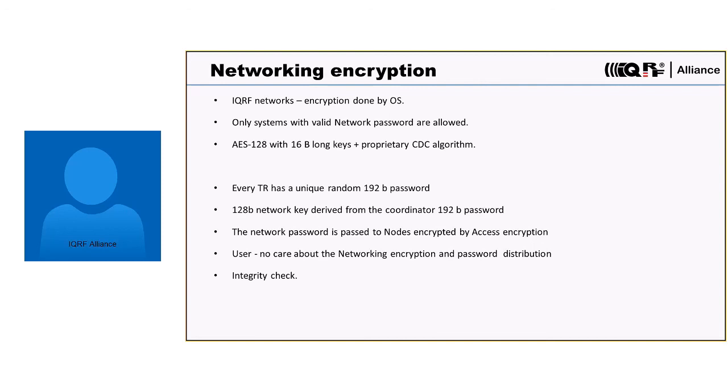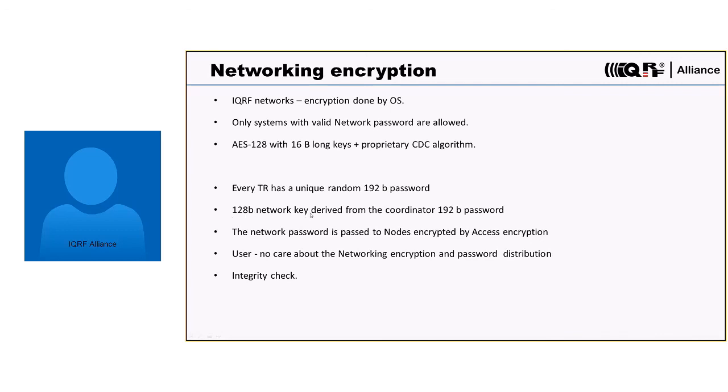If you remember, before, the network ID was based on the module ID. Now it's changed. Every TR module from the factory has a unique and very random 192-bit password, and from this password there's a derivation which brings the 128-bit network key.